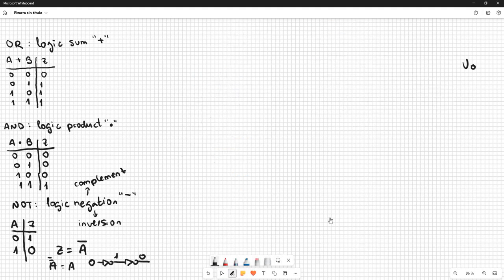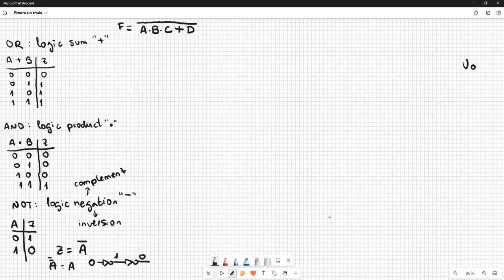So imagine that the professor has a really evil mind, and asks you to design a circuit with the following function. The logic function that the circuit has to implement is this one: A, B, C with the logic product, plus D, all negated. How would you do this?